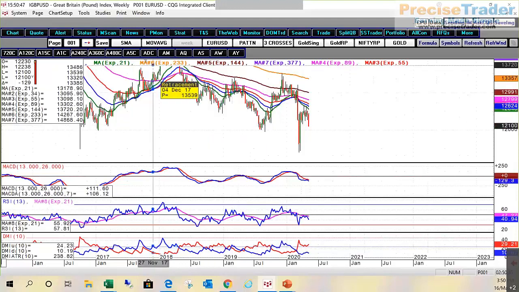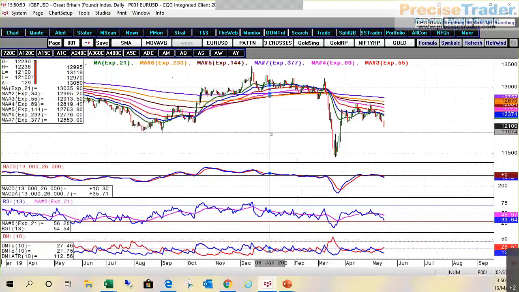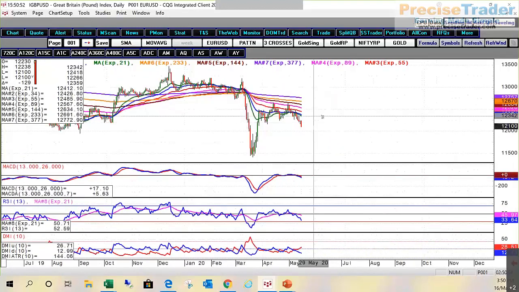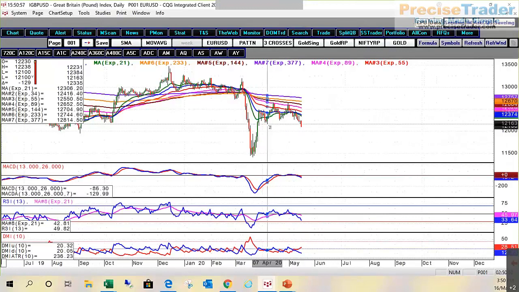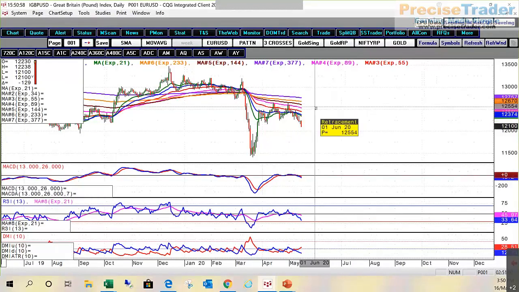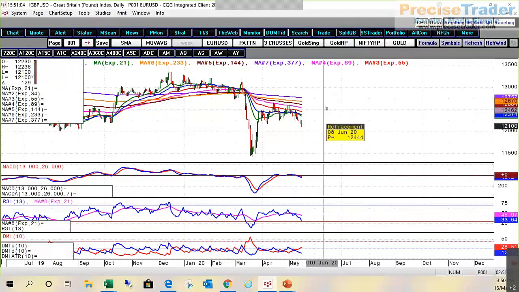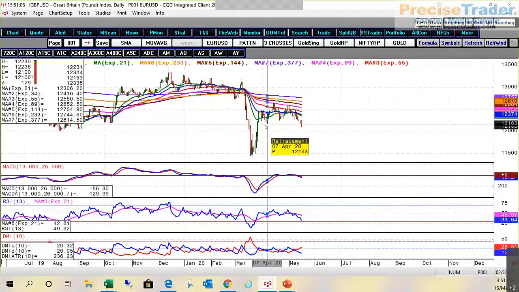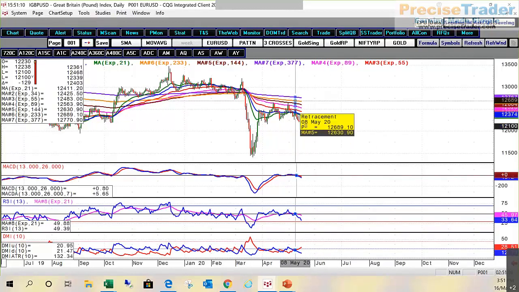On the daily, it has confirmed the reversal down. We see a double top, and the market closed below the bottom, which is a confirmation that this trend is going to continue.